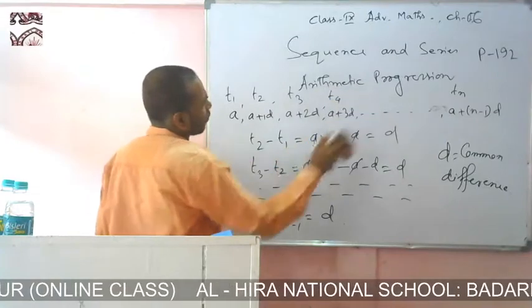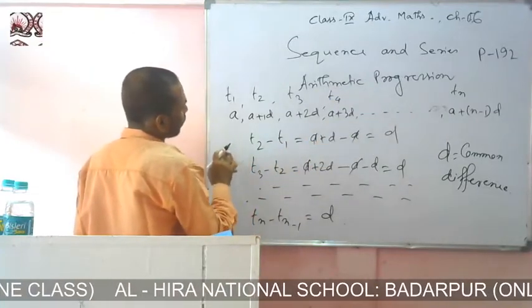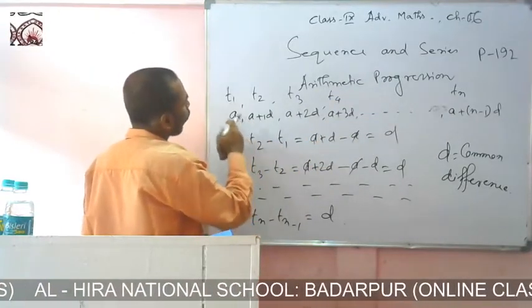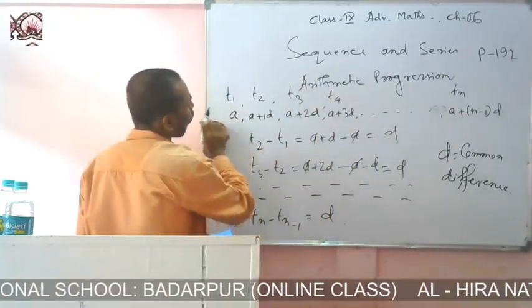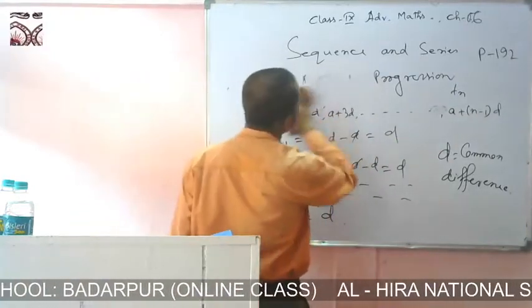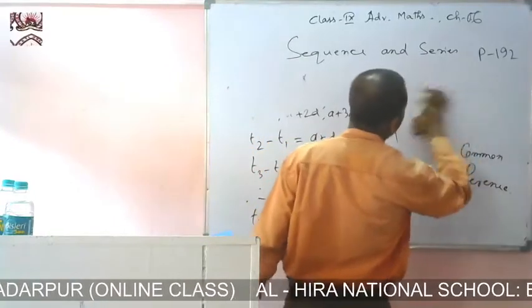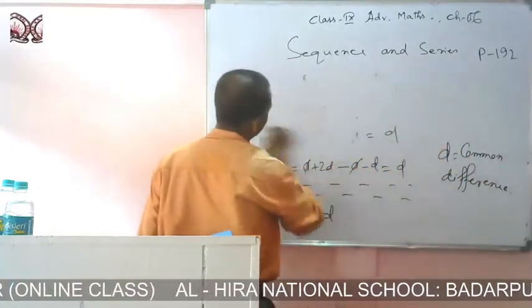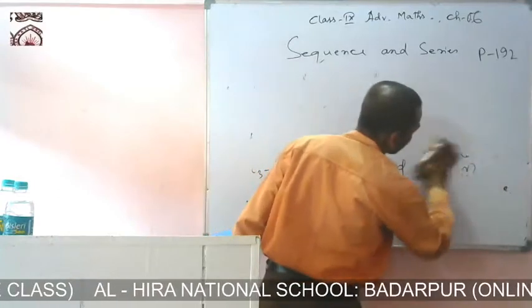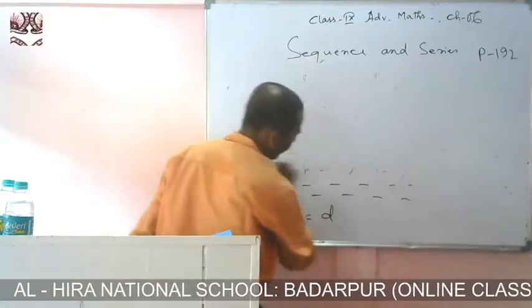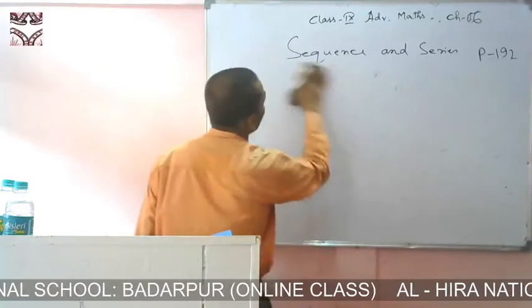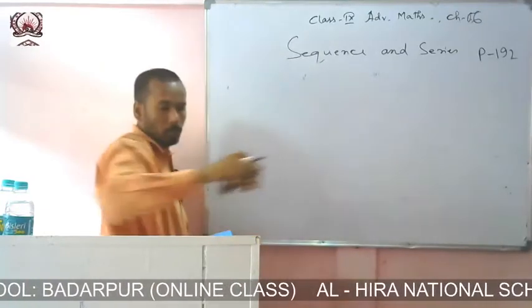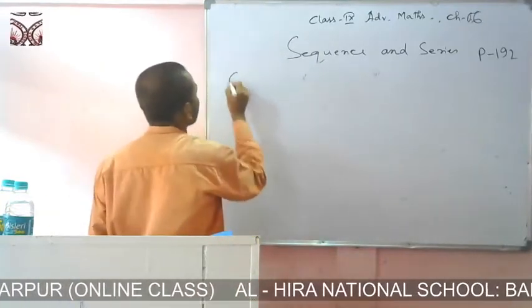So you see, if we are adding all the terms, 1, 2, 3, 4 up to n terms, then we get Sn.